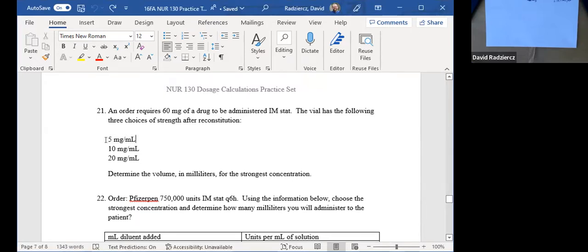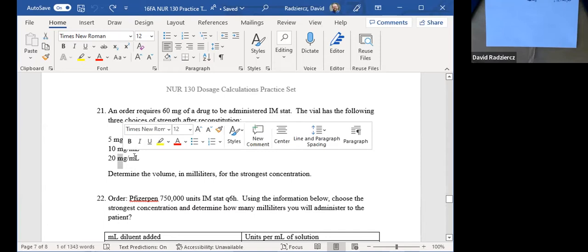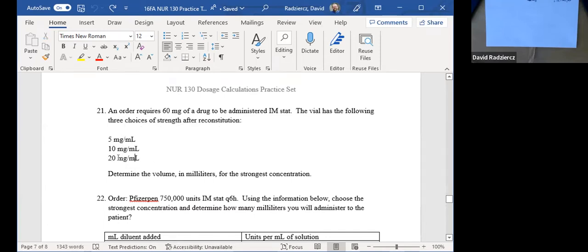We have 5 milligrams per milliliter, 10 milligrams per milliliter, and 20 milligrams per milliliter. The number that's bigger is the strongest concentration because there's more milligrams per milliliter. So to answer number 21, you would just take your 60 milligrams divided by 20, and that would give you your 3 milliliter answer.